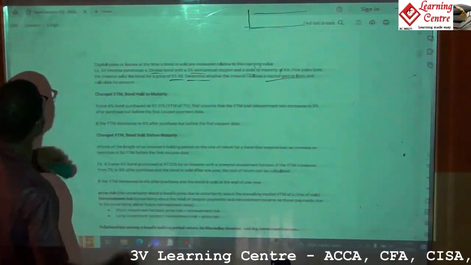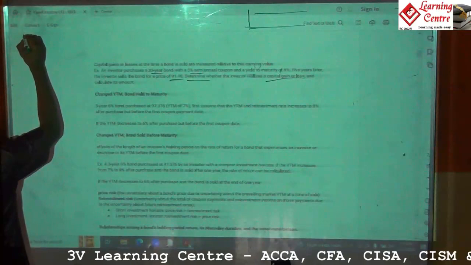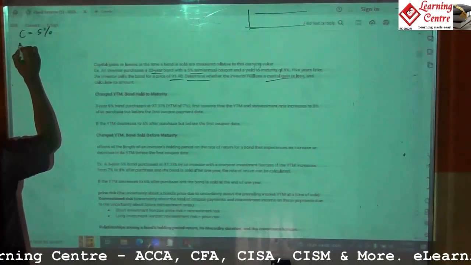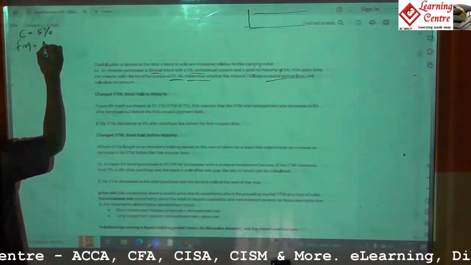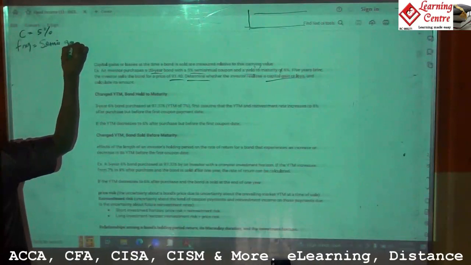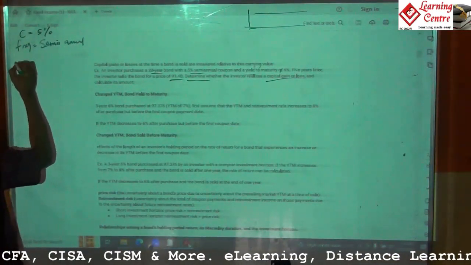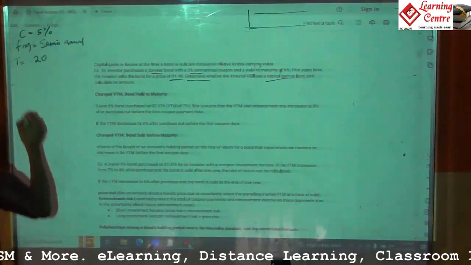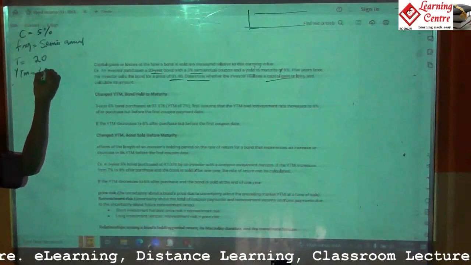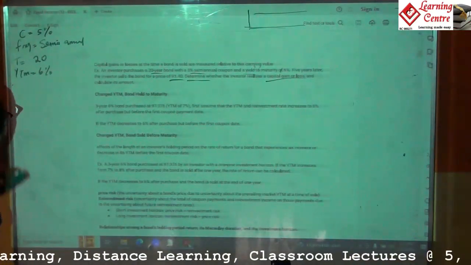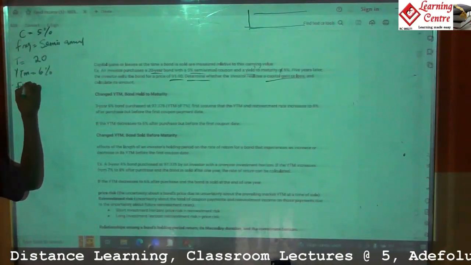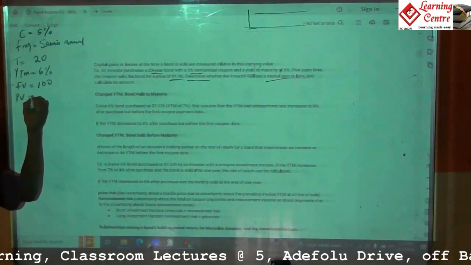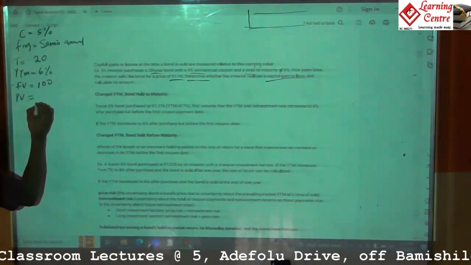We are going to first assume we have a coupon of 5%. Frequency is semi-annual. Tenor is 20. Yield is 6%. So FV is 100. Let us compute what the price is. What will be the price of this bond?